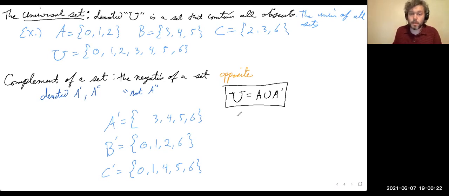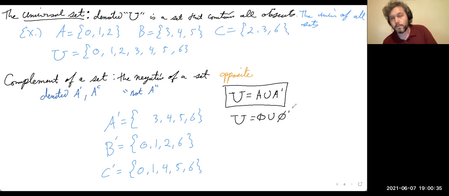Even the empty set, believe it or not, you can even do that for the empty set. You can say that the empty set unioned with the complement of the empty set, that's everything. It has to be, because there's nothing contained in the empty set. If you take the complement of the empty set, that must be the universal set.